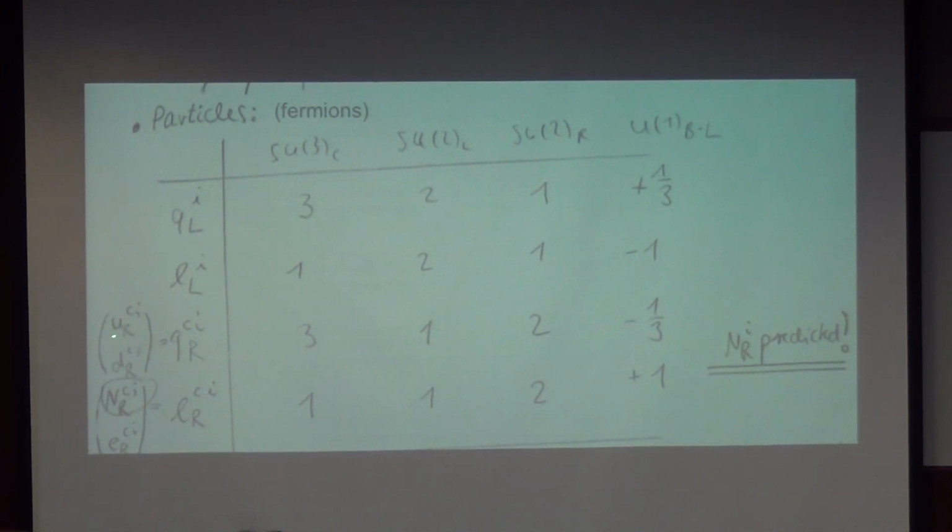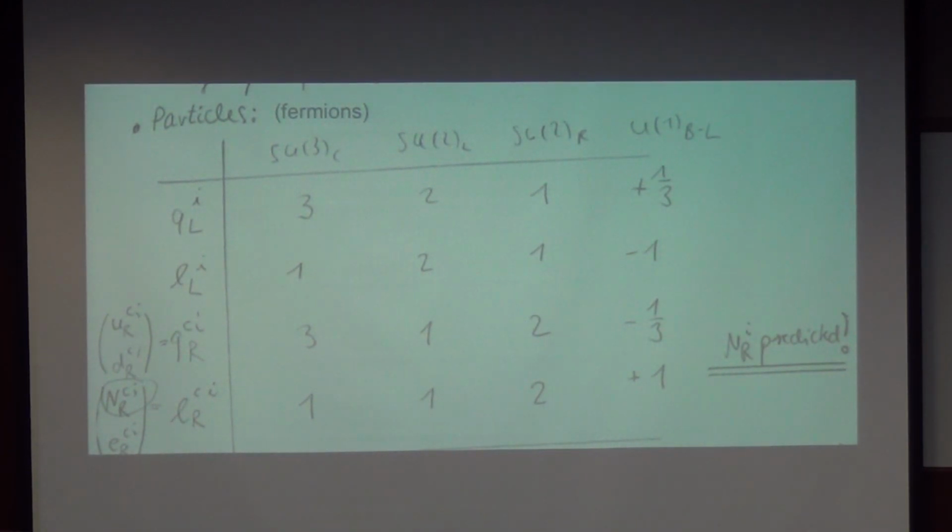Now you can put your right chiral up quark and down quark into this right quark doublet. Right? And this is new. It is now charged under SU(2) right, not under SU(2) left. And so we're taking the charge conjugate, like we did in the standard model, so it is minus 1/3 of baryon number.